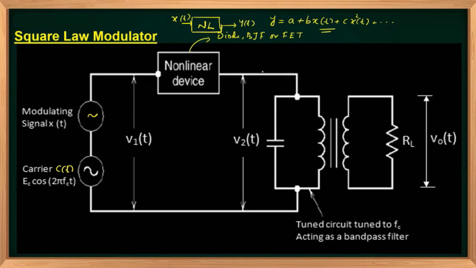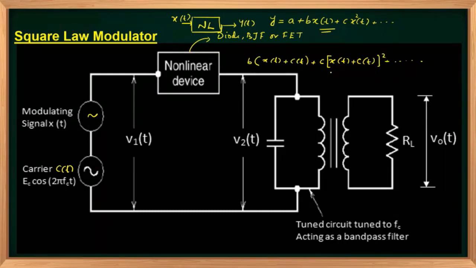So here, using this nonlinear device, we can obtain a signal which can be written as b into x of t plus c of t, plus c into x of t plus c of t whole square, etc. We will omit higher power terms.